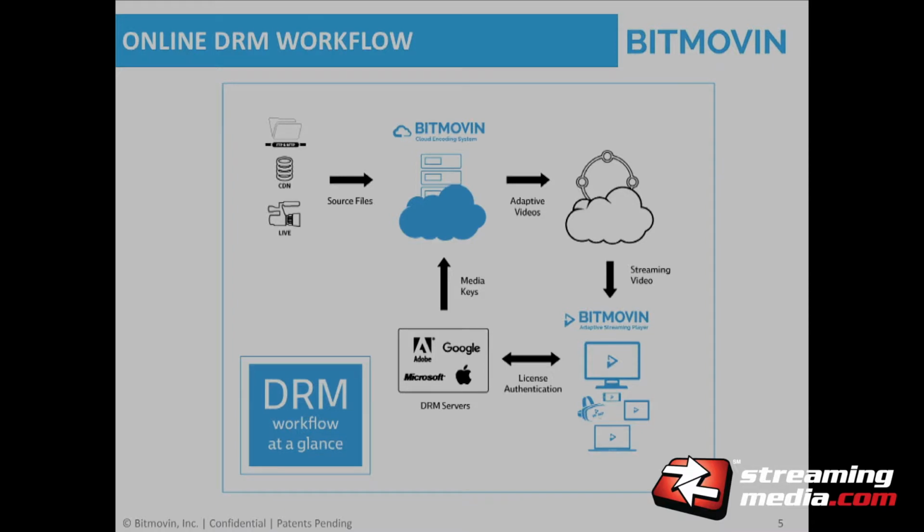So what does this mean? How does online DRM work from a workflow perspective? First and foremost, you have your input files or your input live signal. You are encoding that content to streaming formats that work on the web, like MPEG-DASH or HLS. In this encoding step, you have the packaging step, which is the packaging of the encoded content to the streaming format. And in this packaging step, you apply the DRM to the stream.